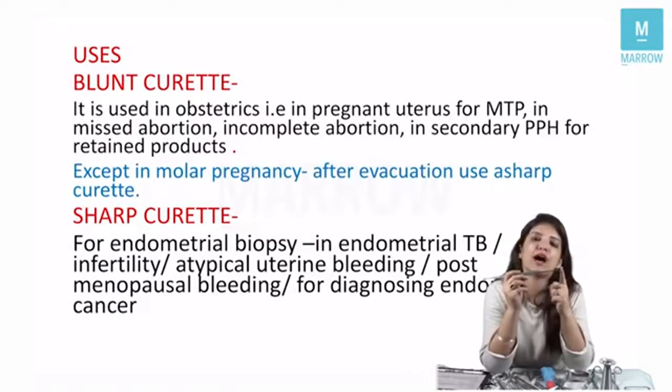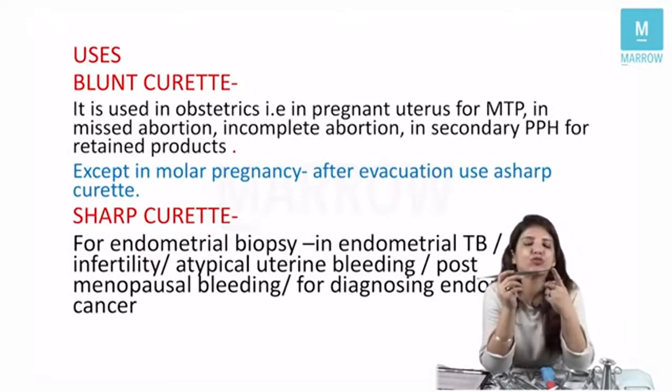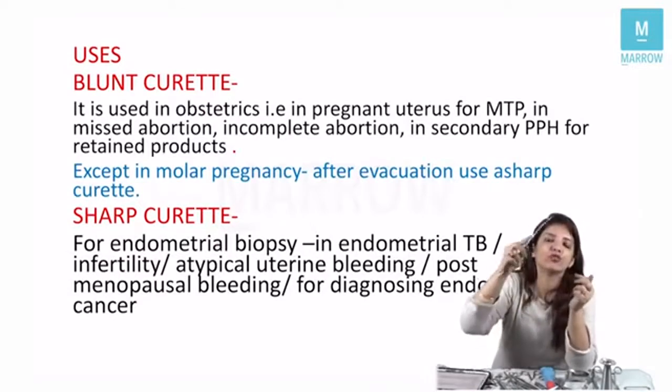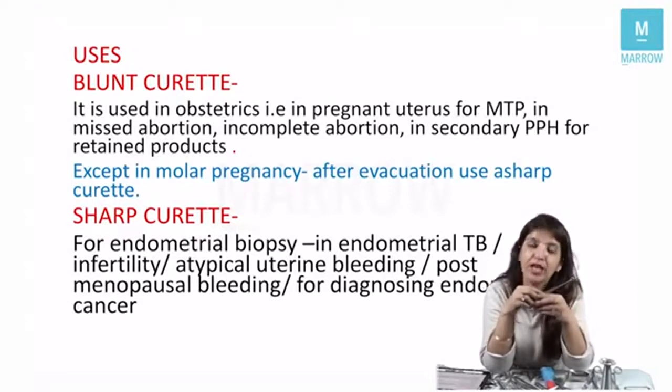Or suppose after delivery, the female is having secondary PPH and you suspect that parts of placenta or fetal membrane have been retained inside. In that case, I'm going to use a blunt curette and check for the retained parts of placenta or any membrane.